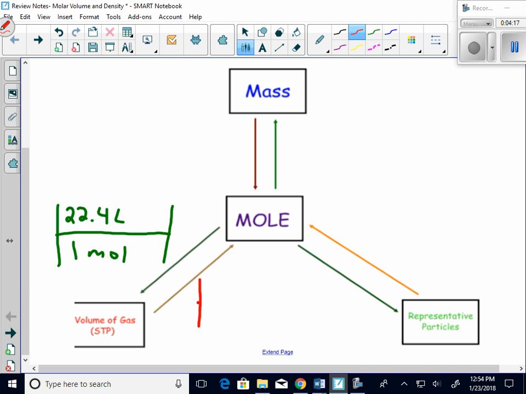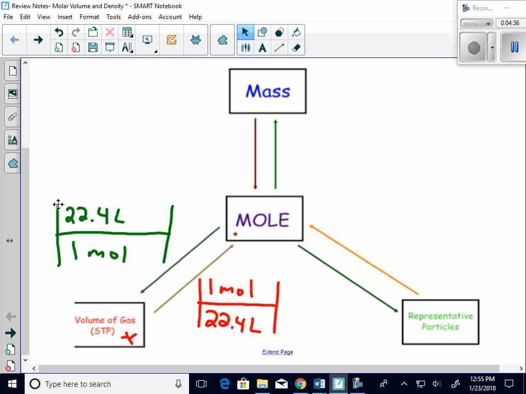If I'm going from volume of a gas up to mole, I'm going to have the volume of the gas on the bottom, and the 1 mole on the top. So this will complete my flux capacitor.